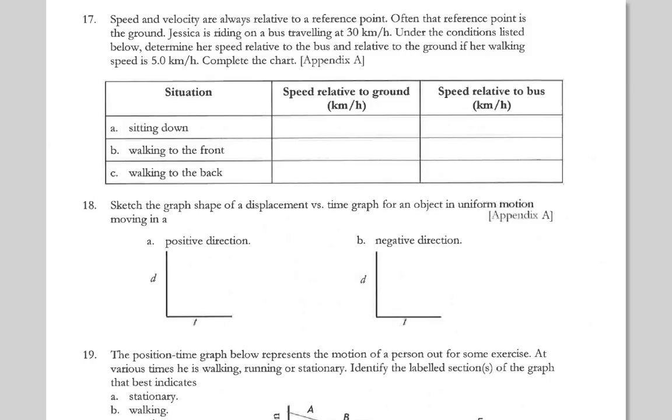Careful. It's all about the observer. Okay. So sitting down, you have the same speed as the bus. You are the bus. You become the bus, right? And this is relative to the ground, to an observer outside the bus.